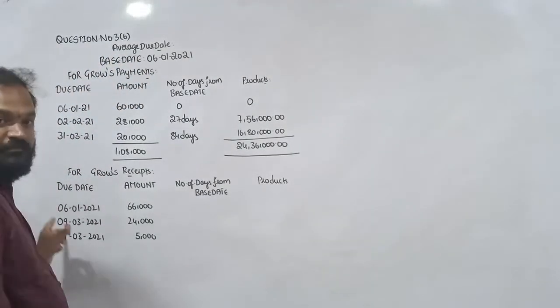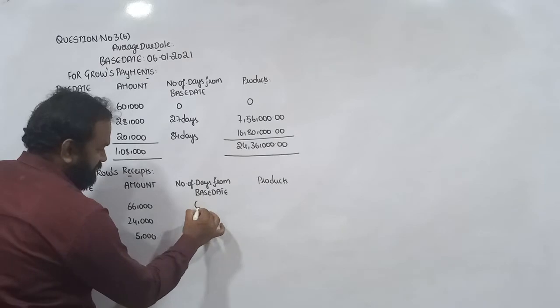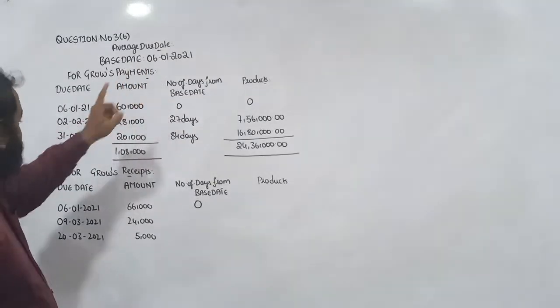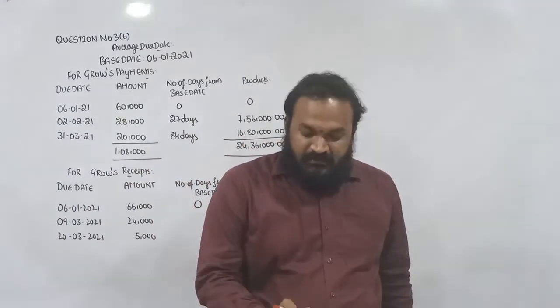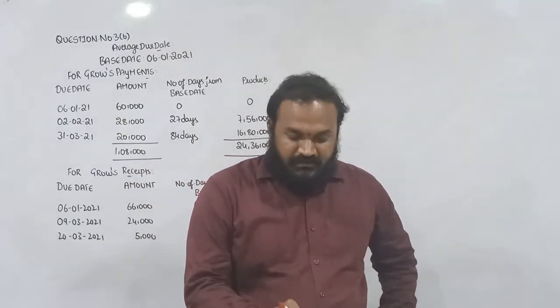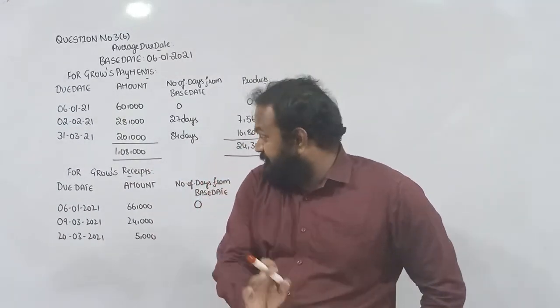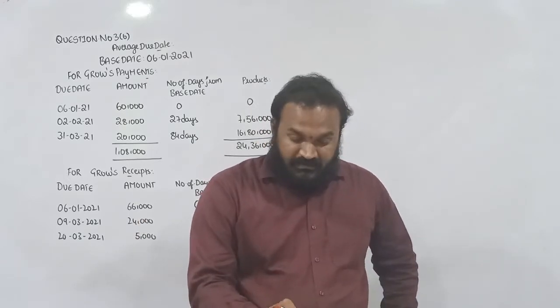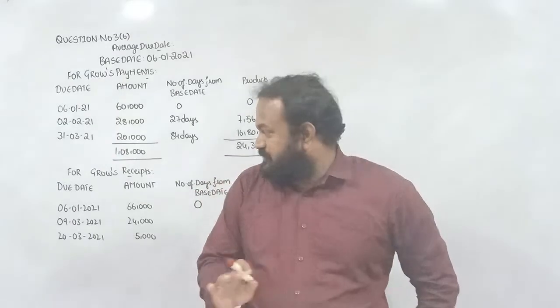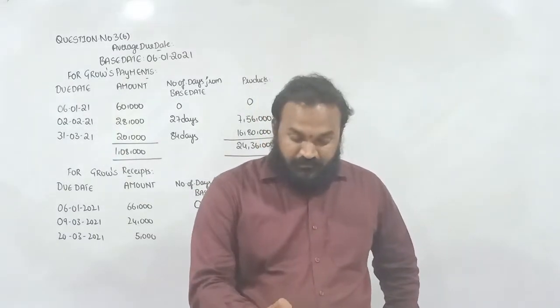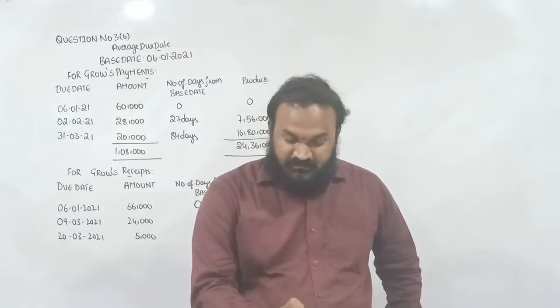So here, what is the base date? 6th January. From 6th January to 6th January, 0. 6th January to 9th March. So 25 days in the month of January, 28 days in February, and 9 days in March. So 25 plus 28 plus 9.